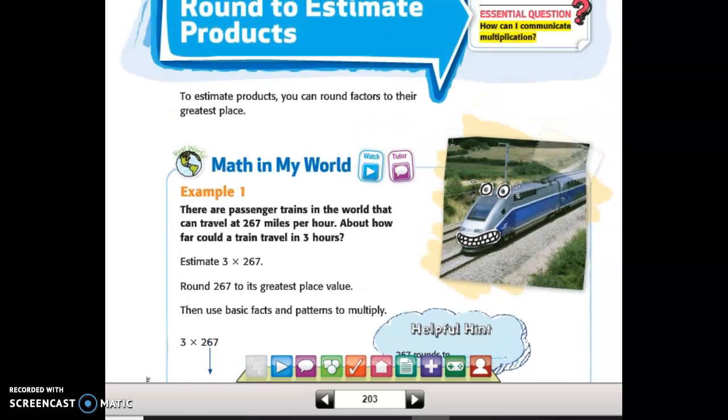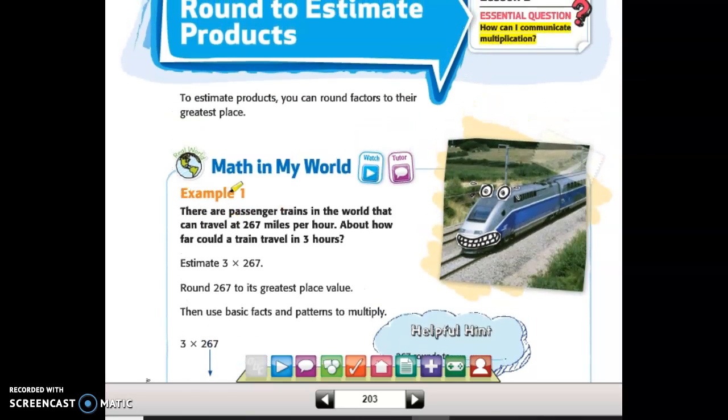So, before I show you what they rounded there, here's question number 1. There are passenger trains in the world that can travel at 267 miles per hour. About how far could a train travel in 3 hours? So this is a piece of information I need, and 3 hours is another piece of information I'll need to solve this problem.